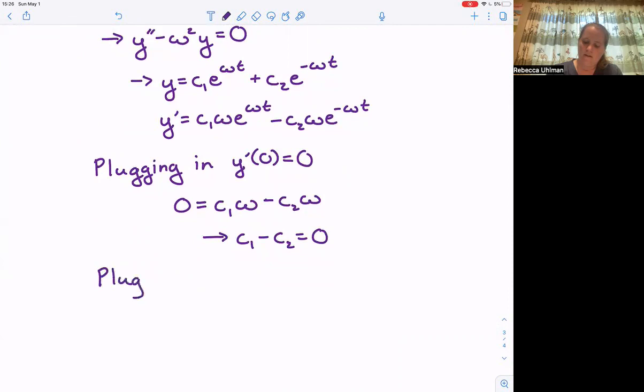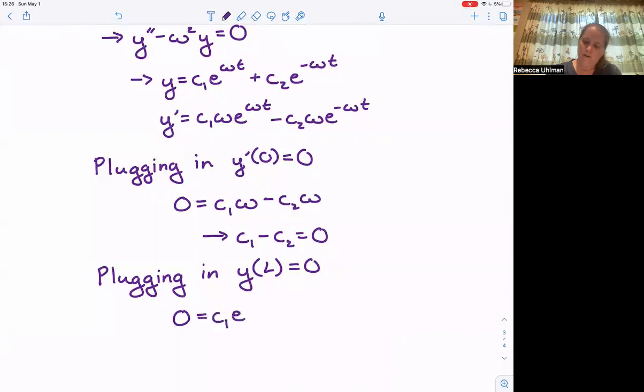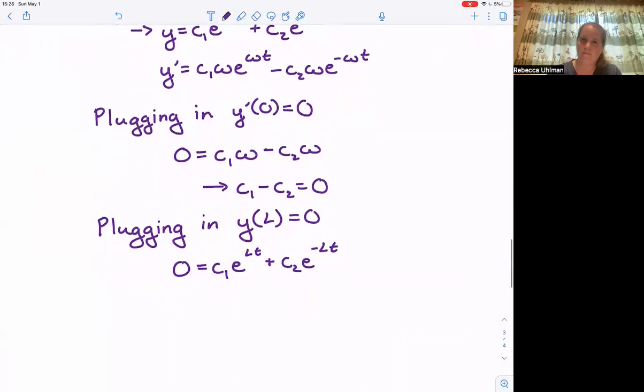Plugging in y of L equals 0, we are looking at 0 is equal to C1 e to the LT plus C2 e to the negative LT. And we wind up with, again, this system has the only solution C1 equals C2 equals 0.